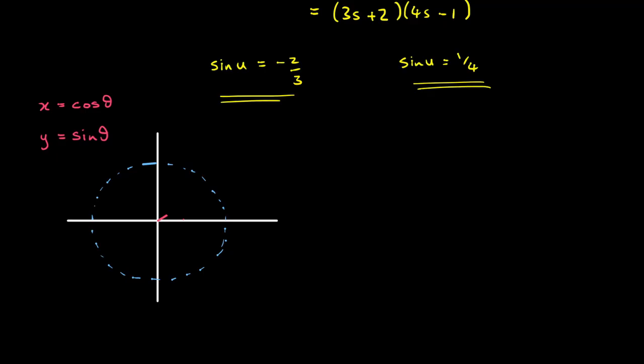Well, we could draw it out. Let's say it's somewhere here. So what we're interested in is this point here and that point there. I'll call them points A and B, respectively. If we were to do sine inverse of -2/3 in our calculator, then we would get one particular value.